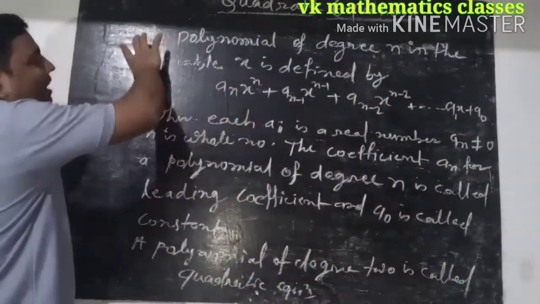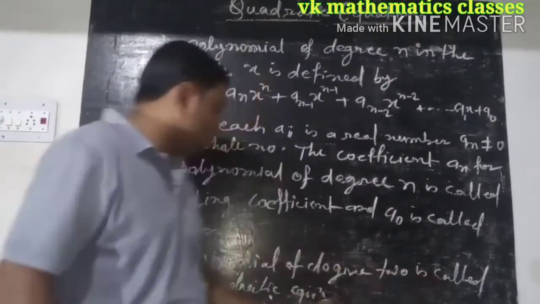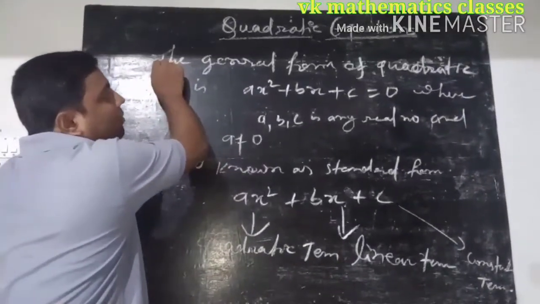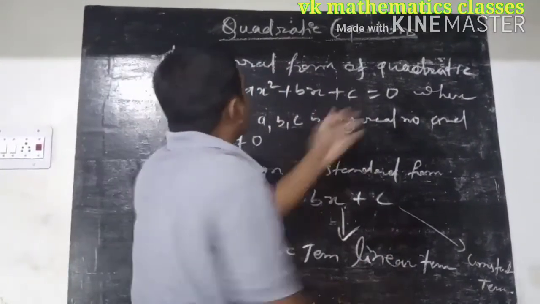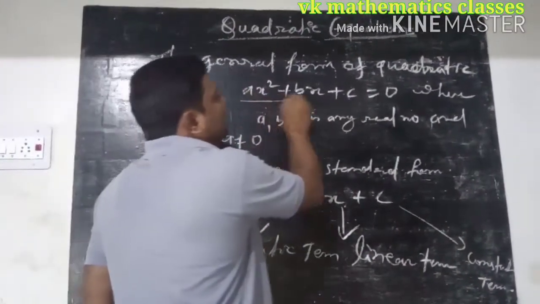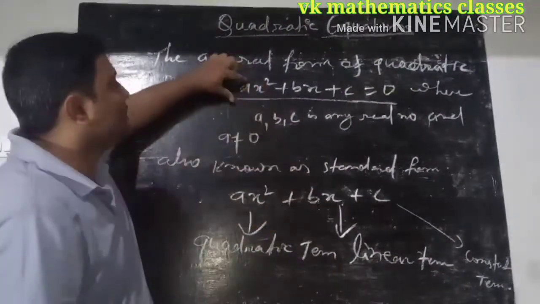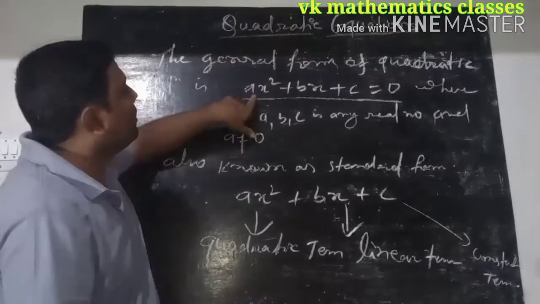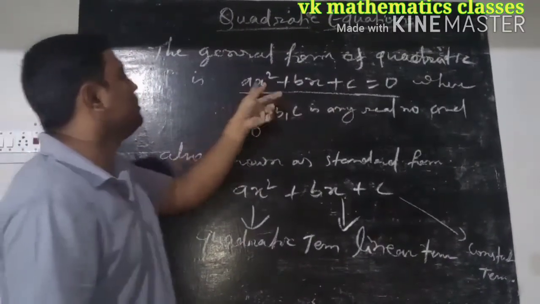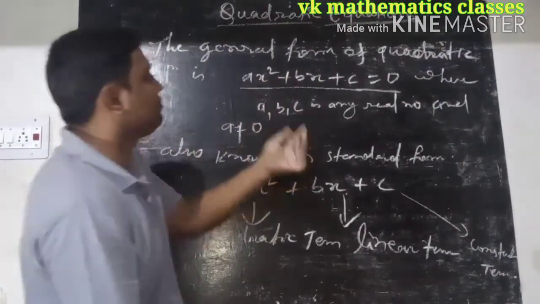So we conclude that a polynomial of degree 2 is called a quadratic equation. The general form of quadratic equation is ax square plus bx plus c equal to 0. This is also a form of the polynomial. Here the highest power of variable is 2, so this is the general form of quadratic equation.